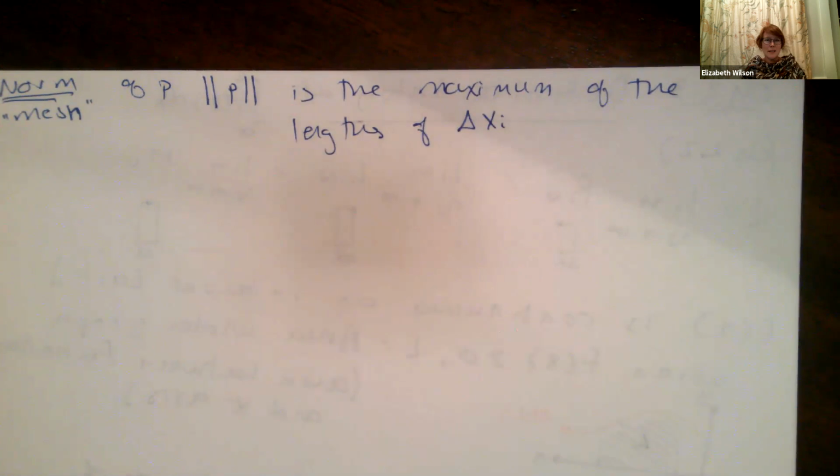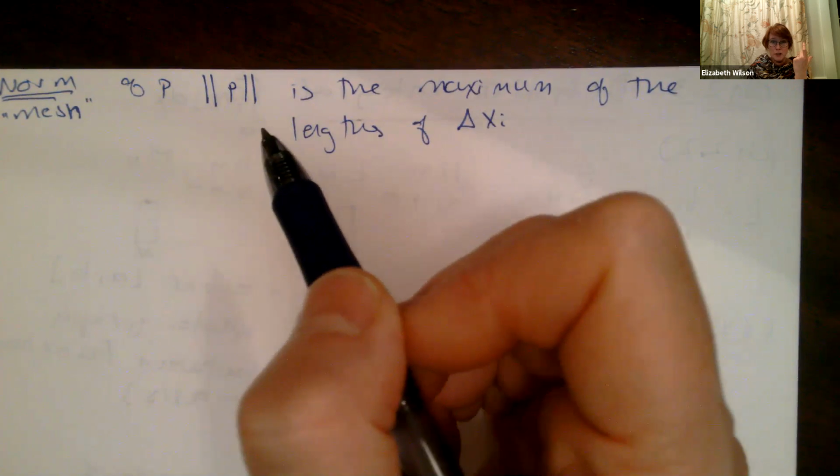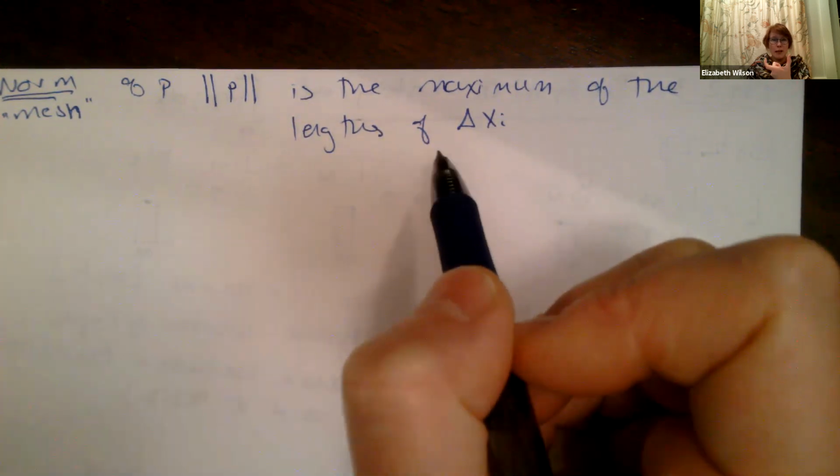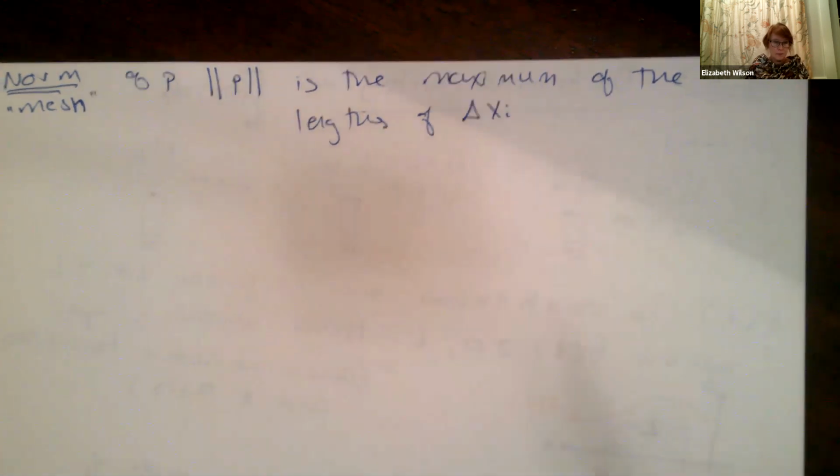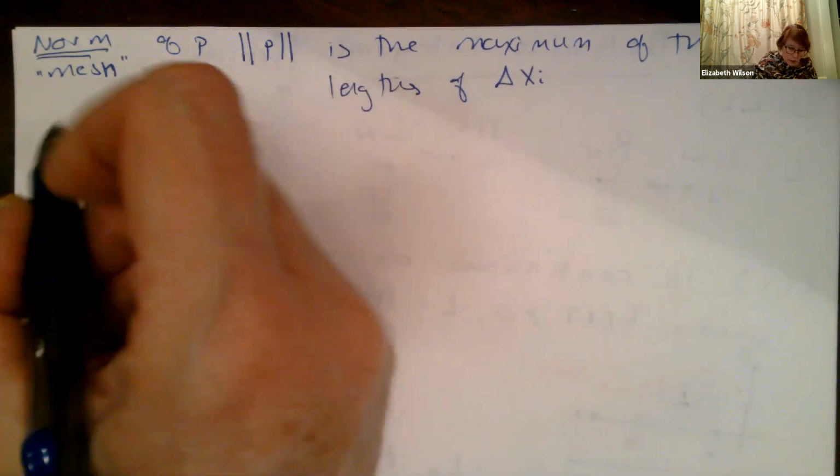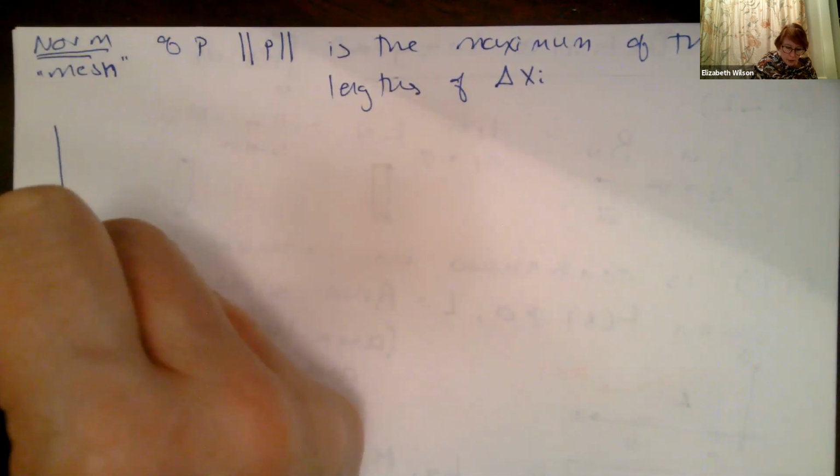So this is the widest delta x that we have, right? We've got all these various delta x's, and we want to find out this value here, the norm or the mesh of P, is the widest one that we have. Okay, so let's draw it out just so we can conceptualize.